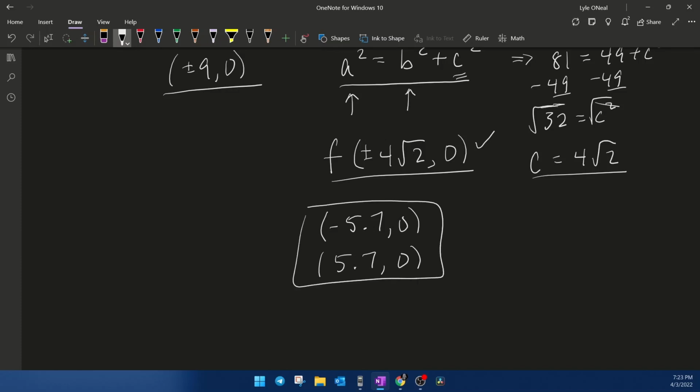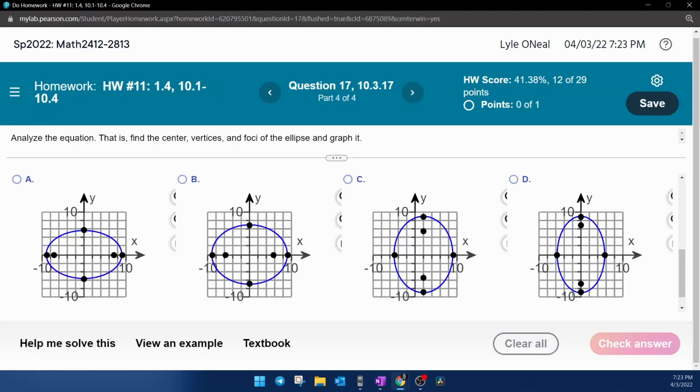Now that we know about where the foci are, I think we're going to be able to pick the correct graph. If you can see my cursor here, from the origin to the edge of the screen is 10 units. It goes negative 10 and then positive 10. That means that each one of these hash marks would have to be 2: 2, 4, 6, 8, 10. And our estimate was about 5.7.